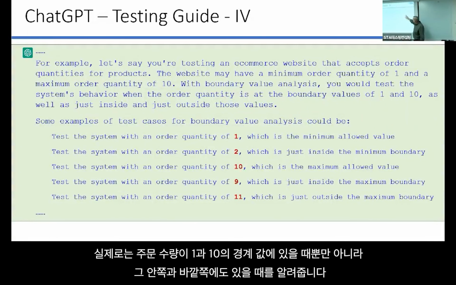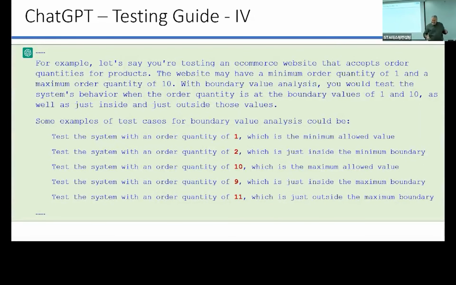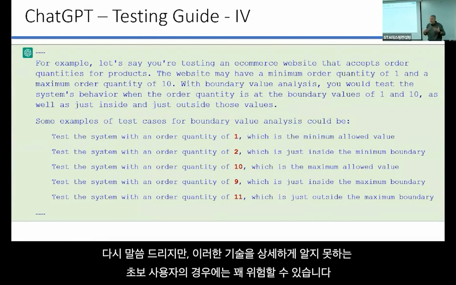Because it's actually telling me here, when the order quantity is at the boundary values of 1 and 10, as well as just inside and just outside those values. So if it's 1 to 10, just outside is 11 and 0. But it's not told me about 0. And again, this is quite dangerous, I think, if you're a naive user and you don't know the technique in detail.